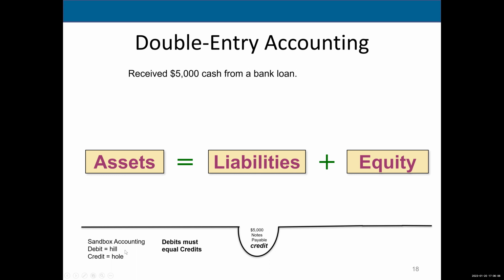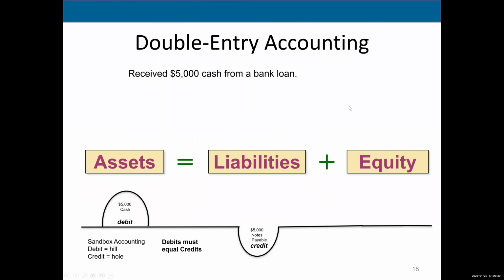And remember, assets are debits, right? So we have a debit of $5,000 here. So where did this $5,000 hill come from? From this $5,000 hole. I really like that. At least it's better than saying debit is the left-hand side of a T account and the credit is the right-hand side of a T account.